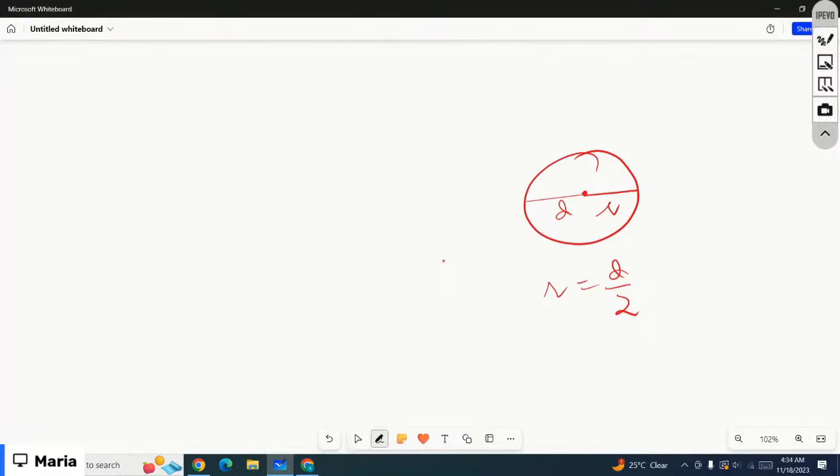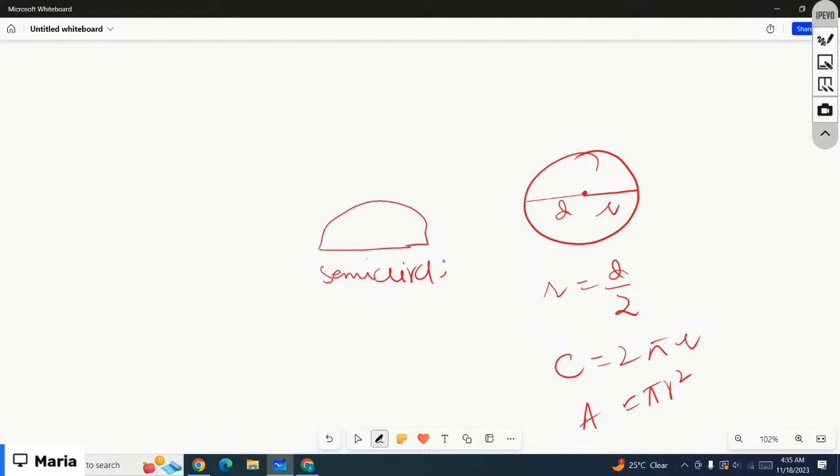The circumference is the same as the perimeter of the other shapes, but for the circle the name is circumference, that is 2 pi r, right? The circumference of the circle is 2 pi r. The area of the circle is pi r square, right? Then the semicircle means the half circle, right?